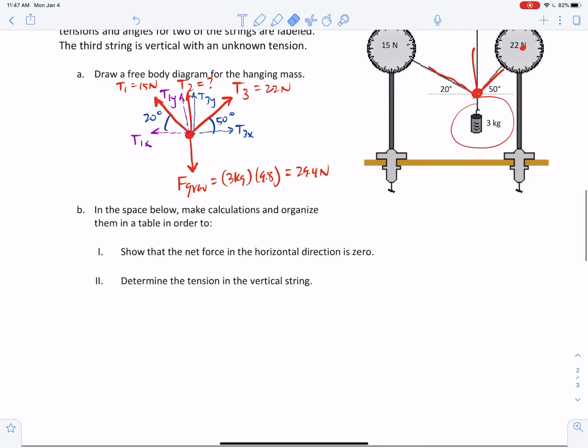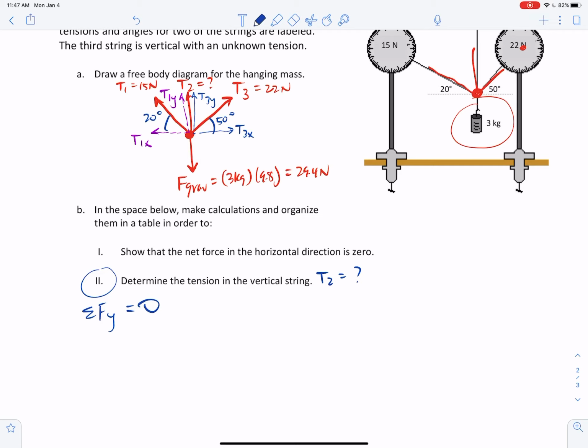To determine the tension in the vertical string, I am going to sum the forces in the y direction, because T2, my unknown, is a purely vertical force. I'm going to set it equal to 0 because this object is at rest, so it's in static equilibrium. The net force in the vertical direction will be equal to 0.